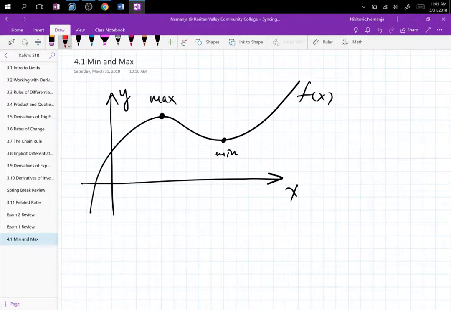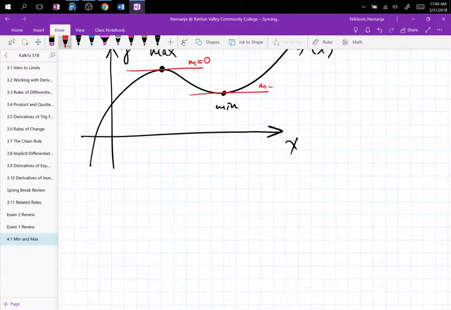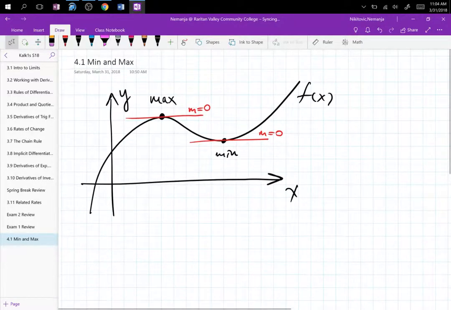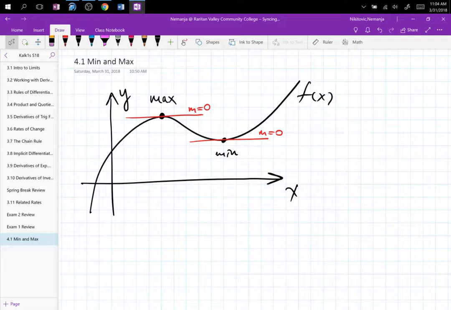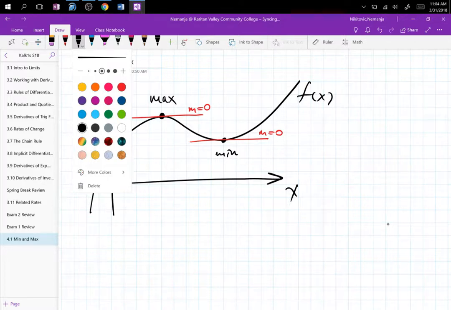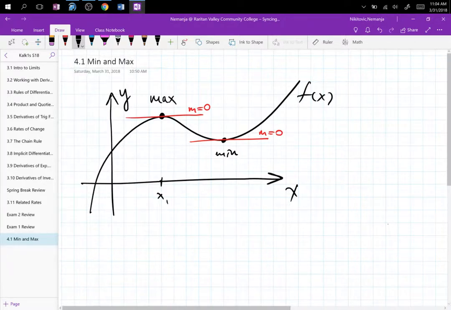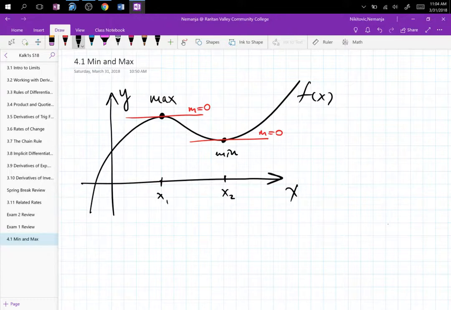So if I am to draw tangent lines, I would see that for both of these lines, slope is equal to 0. So this is what is going to help us to find locations, in this case, x1 and x2, to find locations at which these occur.